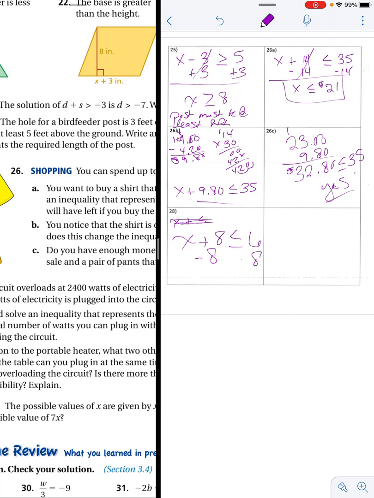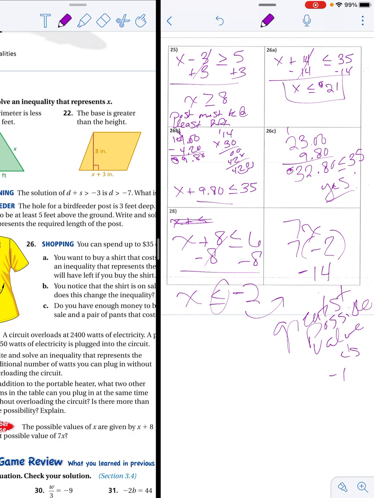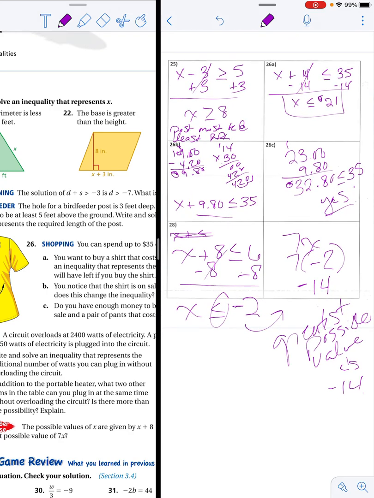So go ahead and start solving that. So we're going to subtract 8 from both sides. So x is less than or equal to -2. Now it wants to know the possible values of 7x. So for 7x, you're going to throw in -2 for x. 7 times -2. -14 is the greatest possible value.